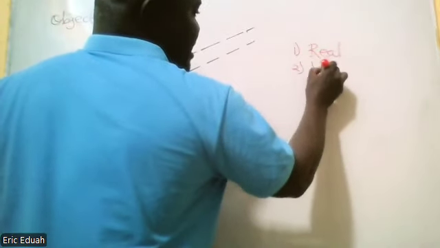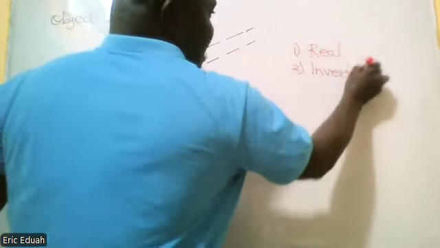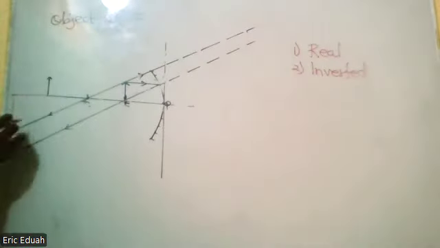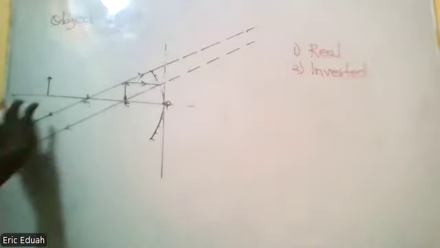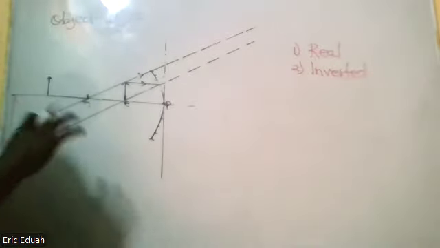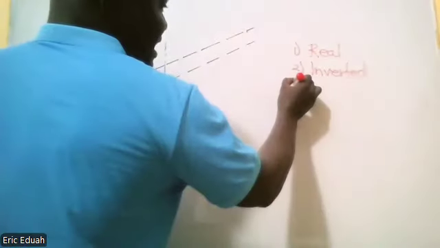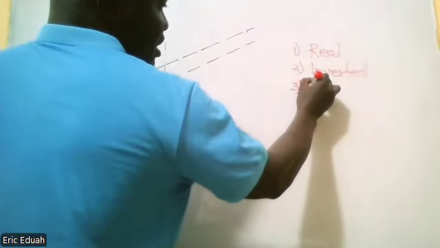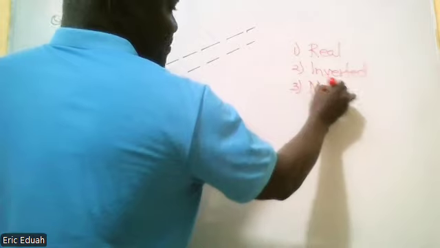Two, inverted. Now when you look at this, supposing even this point is infinity, when you compare the object to the image, you realize that the image will be so much enlarged. So image is magnified.